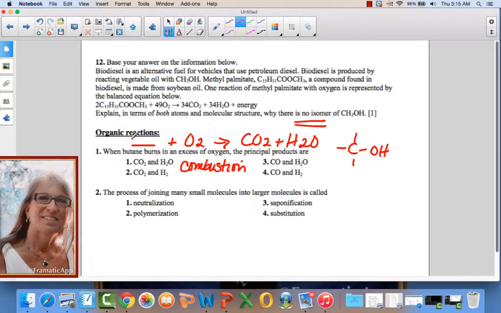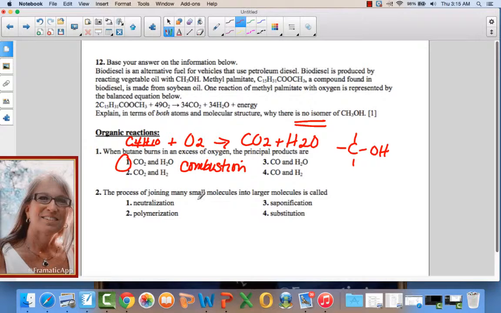Butane is C4H10. So this guy's going to change. This could be butane, propane, methane. But if it burns in oxygen, they're always going to produce CO2 and water. Now, the amount of water and CO2 you get is going to differ because you're going to balance your equation based on what you're starting with.